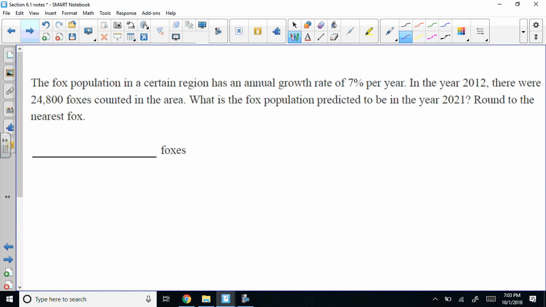All right. A population in a certain region has an annual growth rate of 7% per year. In the year 2012, there were 24,800 foxes counted in the area. What is the fox population predicted to be in the year 2021? Round to the nearest fox. So we've got to come up with an equation that looks like y equals a times b raised to the t.